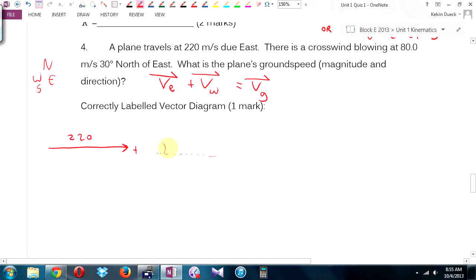You go north of that. How many degrees, Jordan? 30 degrees. And 80, I'll draw it fairly short compared to my original long line, about 1/3 as long-ish. So if I add these 2 together, I'm going to get 220, 80.